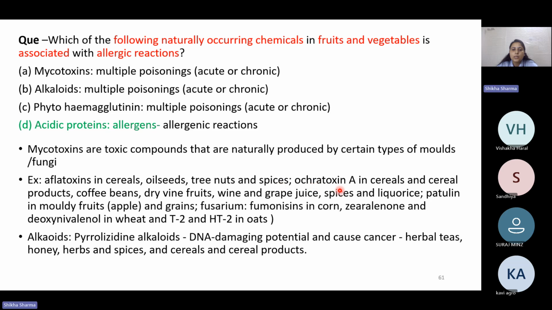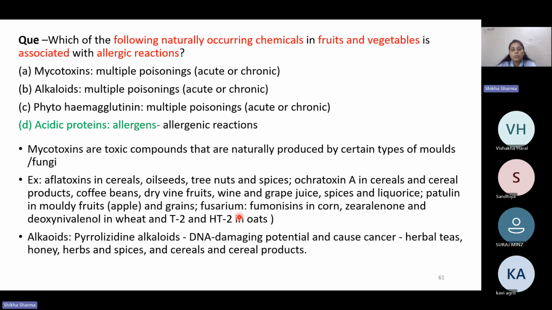Another is ochratoxin A, found in cereals and cereal products, coffee beans, dry fruits, wine and grape juices, spices, and liquorice. Then there is patulin, found in moldy or rotten fruits like apple, and in grains also.